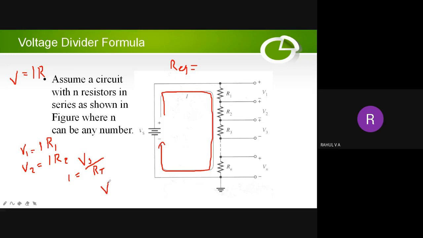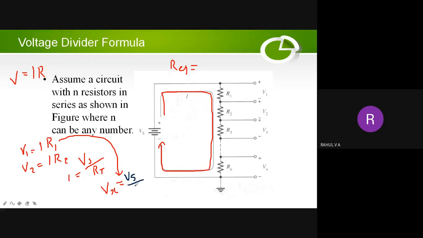Now, if I want to find out the voltage across any resistor, I can rewrite this formula into a new formula. Look at this. Vx, where I can substitute x as 1, 2, 3. So V1, V2, V3, Vn, whatever value I want to find out, I can substitute that.